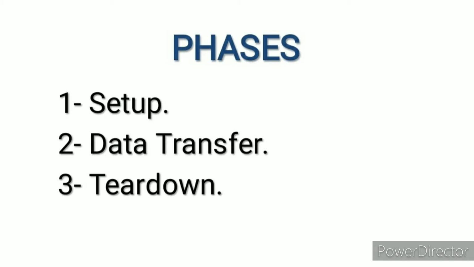During this phase, the data will be transferred from the source to the destination. And the third one is tear down phase. Whenever source or destination wants to disconnect the connection, they can use this tear down phase for the disconnection and also deleting all the entries in your forwarding table. We'll see all these three phases one by one.